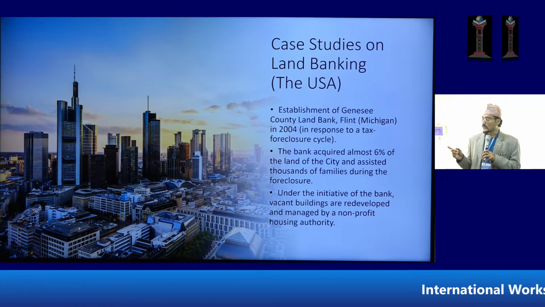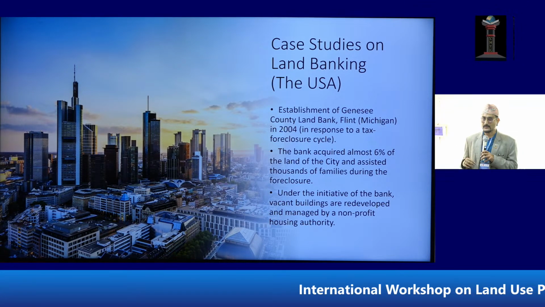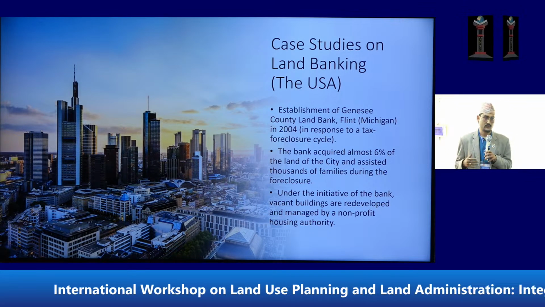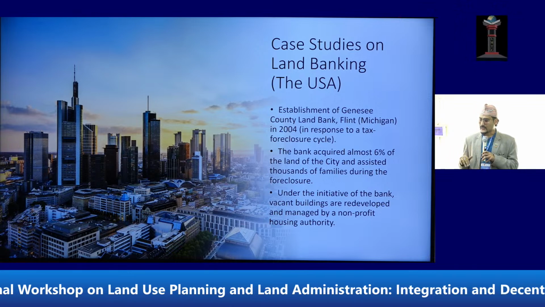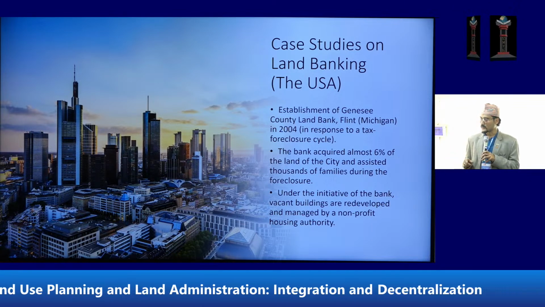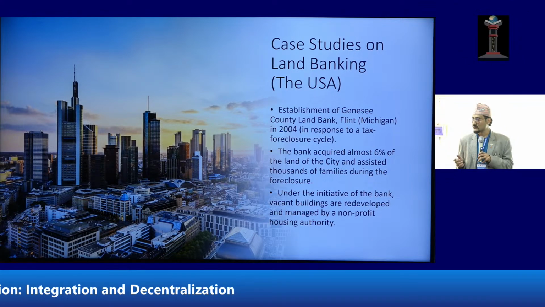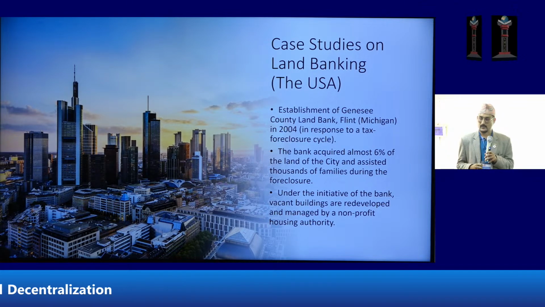It acquired almost 6% of the land of the city, and assisted thousands of families during the foreclosure cycle. Under the initiative of that bank, several vacant buildings were redeveloped, and they are now managed by a non-profit housing authority.